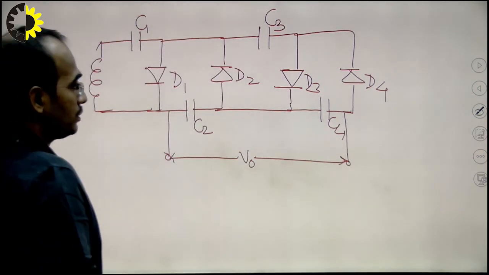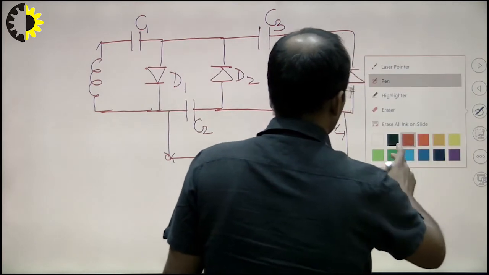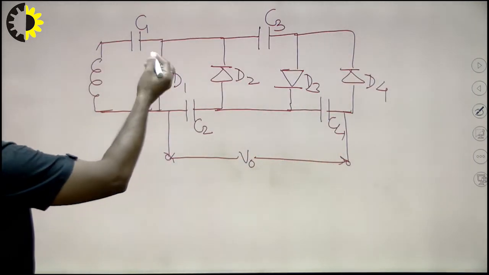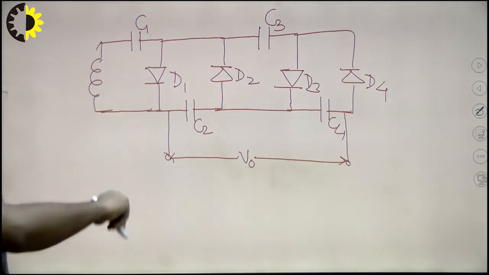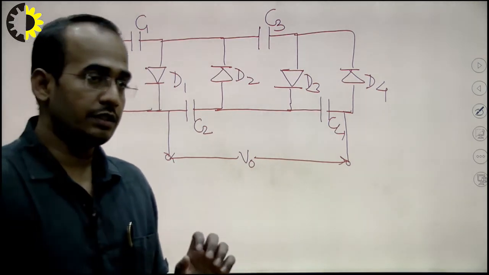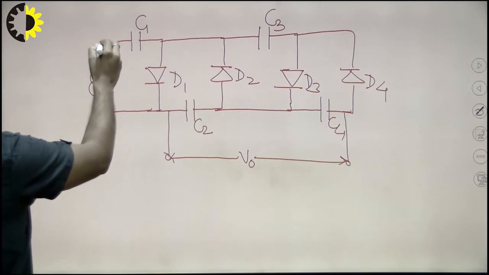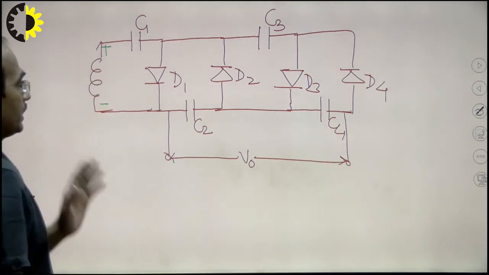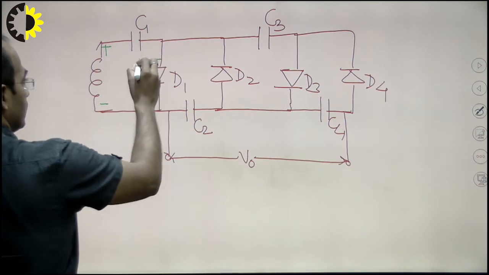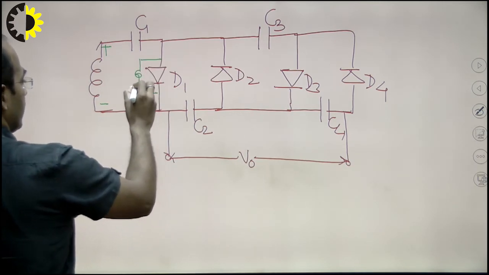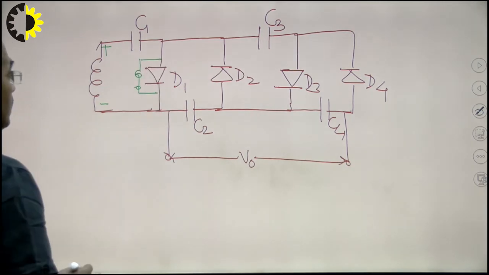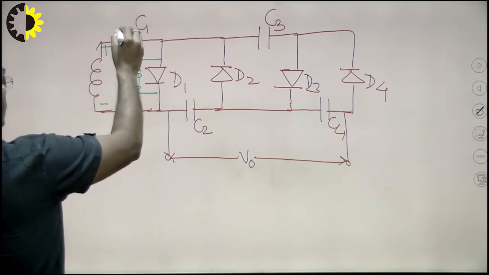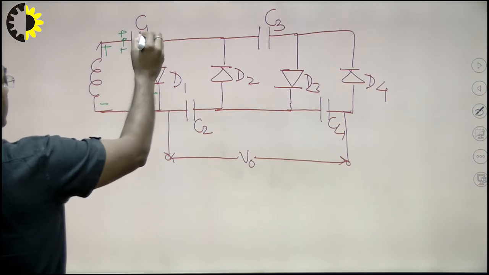First of all, as I told you, I will consider that half cycle which is making the diode D1 forward bias. When the diode D1 is forward bias, first of all I will consider the positive half cycle. This positive half cycle will make the diode D1 forward bias and diode D1 will behave as short circuit. Positive charge will accumulate here and negative charge will accumulate here.